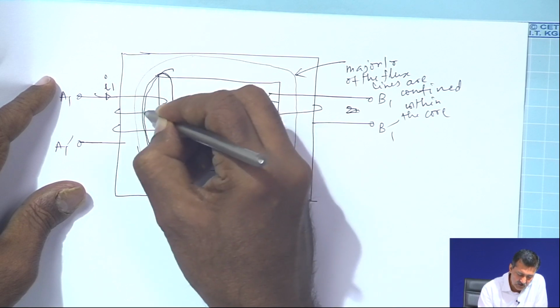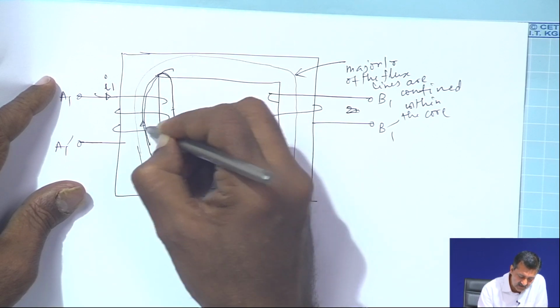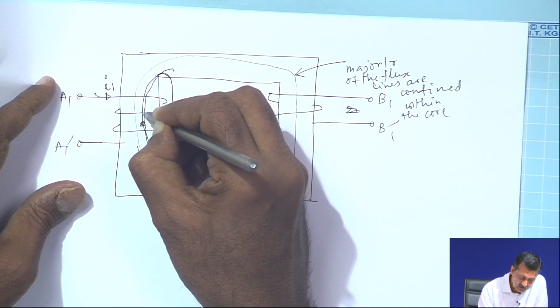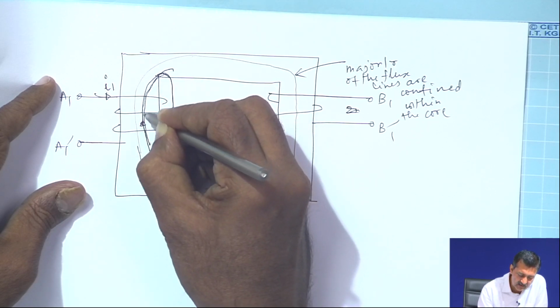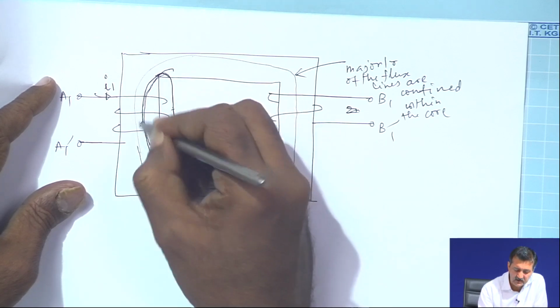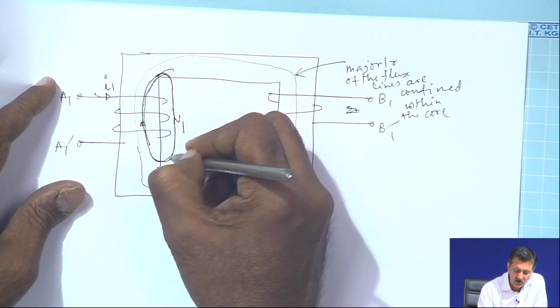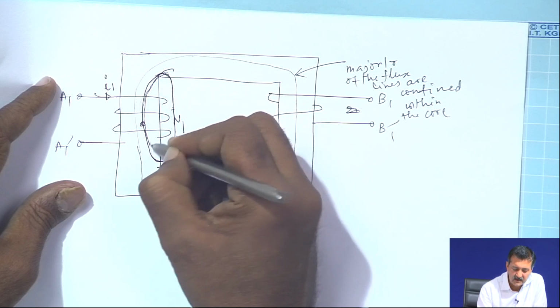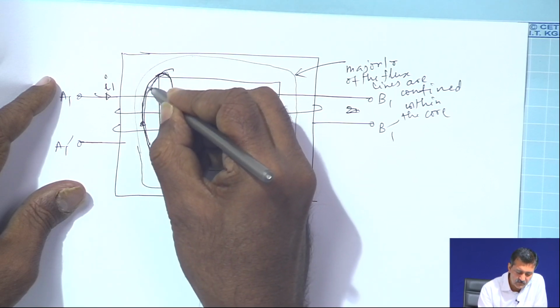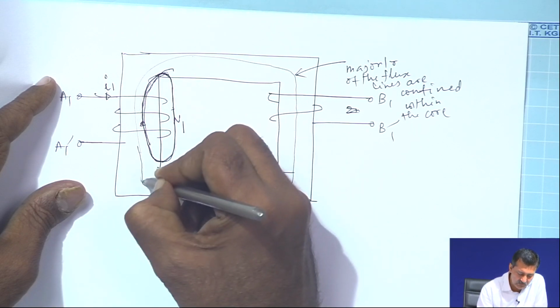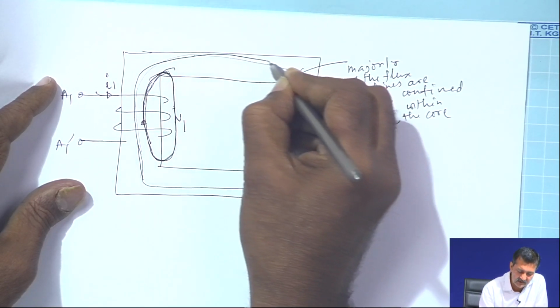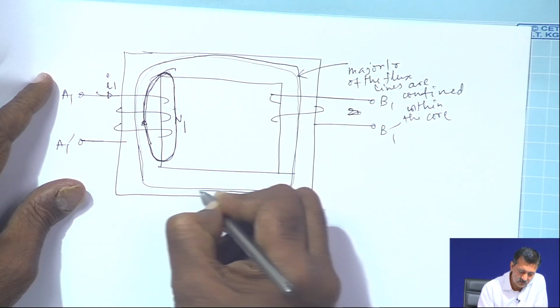A minority of the flux lines will choose an alternate path, some part through the iron and the remaining part through the air gap path. Most of the flux lines will go like this, there is no doubt about that.